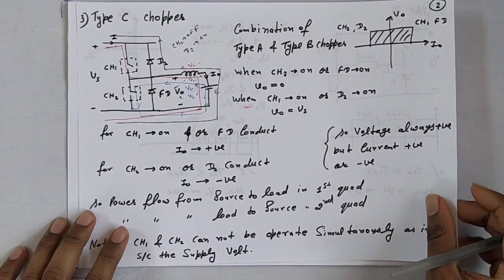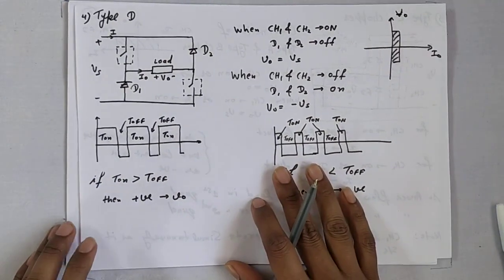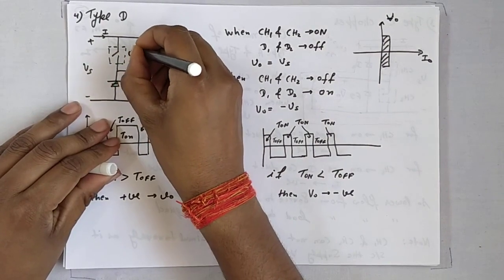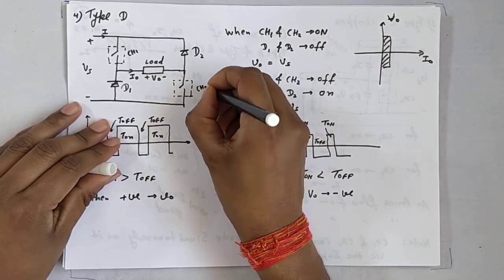Now see the type D chopper. In this chopper, this is the circuit diagram containing two diodes and two choppers, CH1 and CH2.